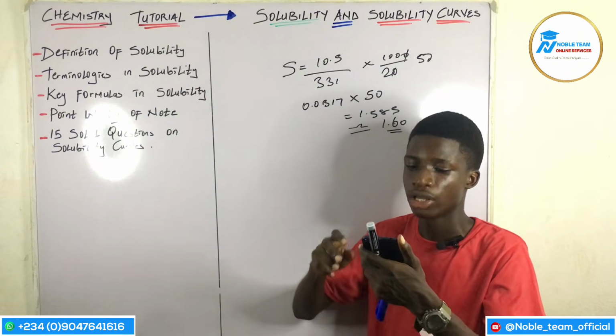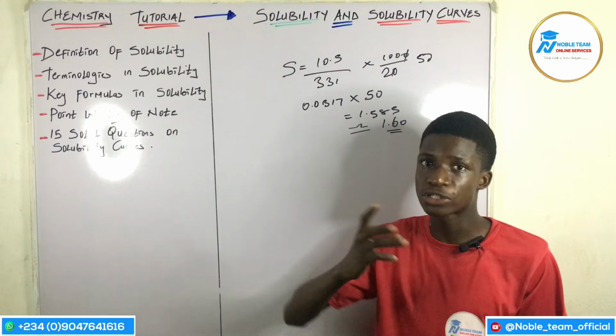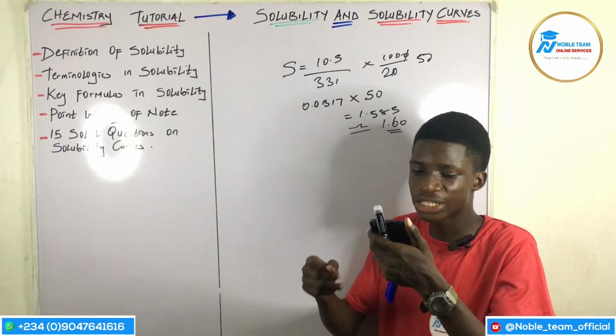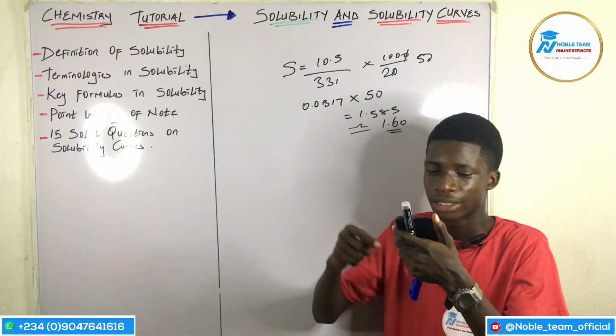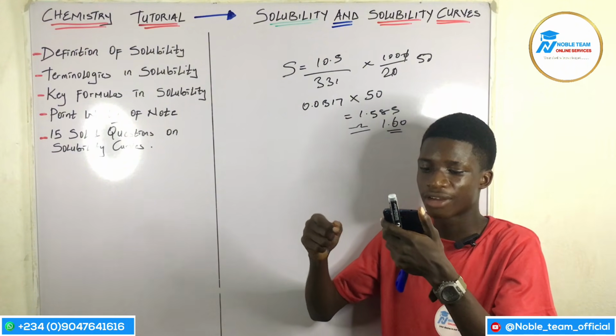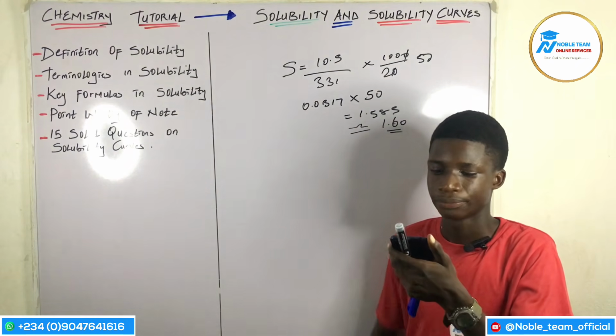That is where you'll be seeing .H2O. Once you hear .H2O, it simply means that particular solute has undergone water crystallization. If its solubility at 25 degrees Celsius is 45 grams in 1 dm cube of water.